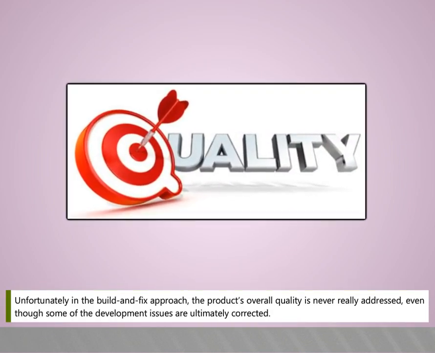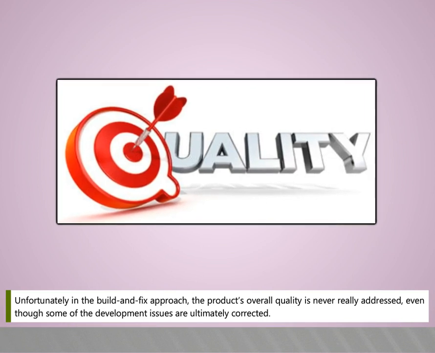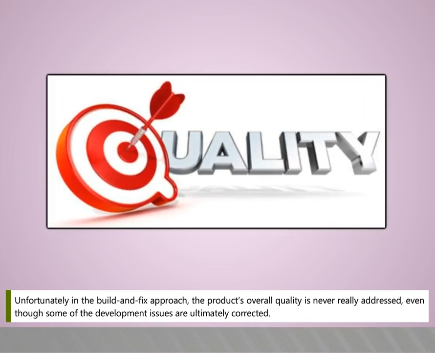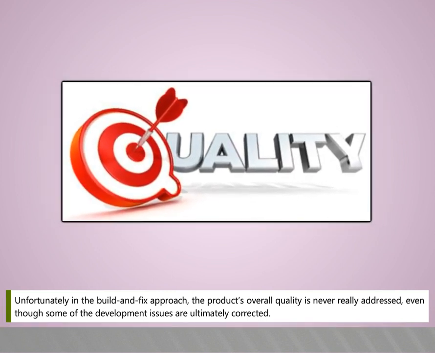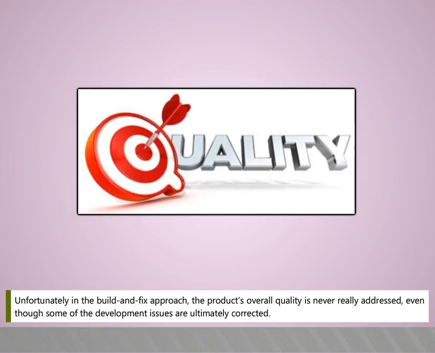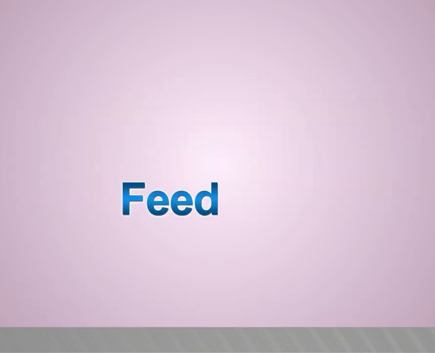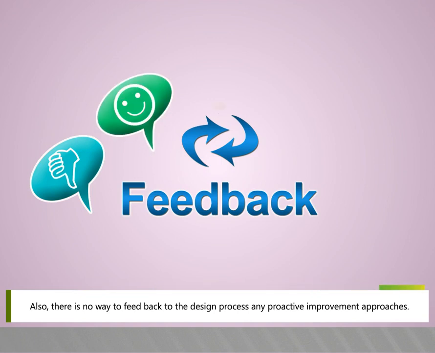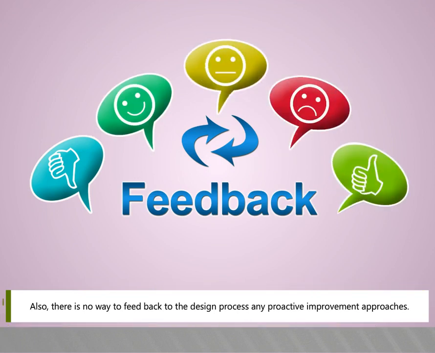Unfortunately, in the build and fix approach, the product's overall quality is never really addressed, even though some of the development issues are ultimately corrected. Also, there is no way to feed back to the design process any proactive improvement approaches.